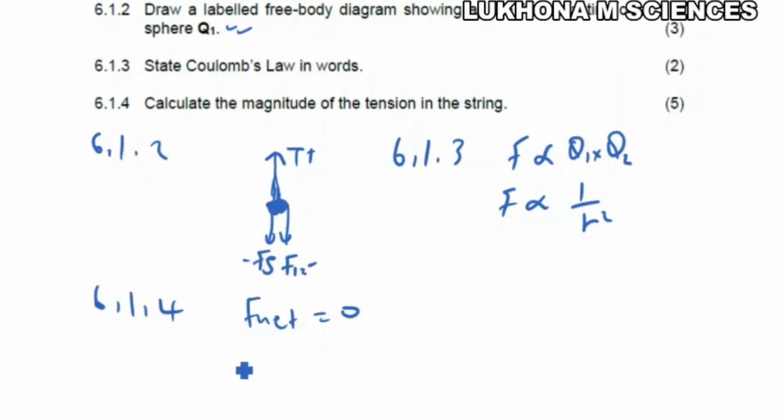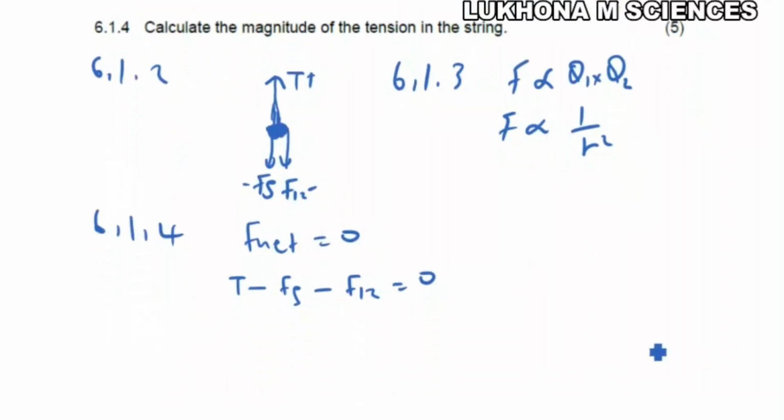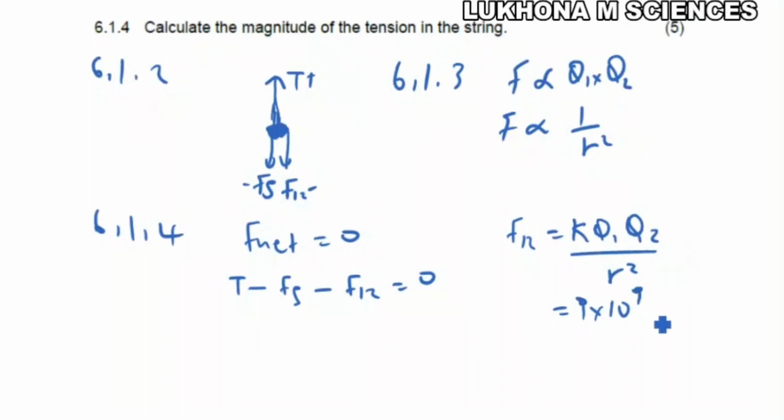So it's tension minus Fg minus F12, which is equal to 0. So let's start by calculating the force between 1 and 2, which is K, Q1, Q2, because it is the electrostatic force. Then K is the 9 times 10 to the power 9 constant.